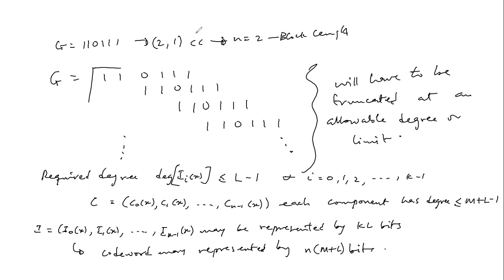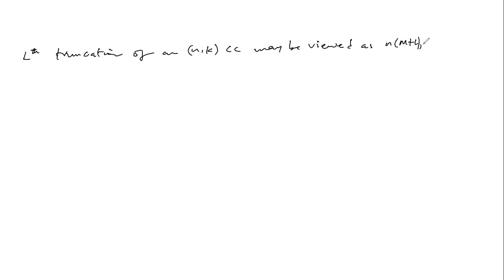So therefore, the L truncation of an (n, k) convolution code may be viewed as an (n(n+L), KL) code, where this is a linear block code.